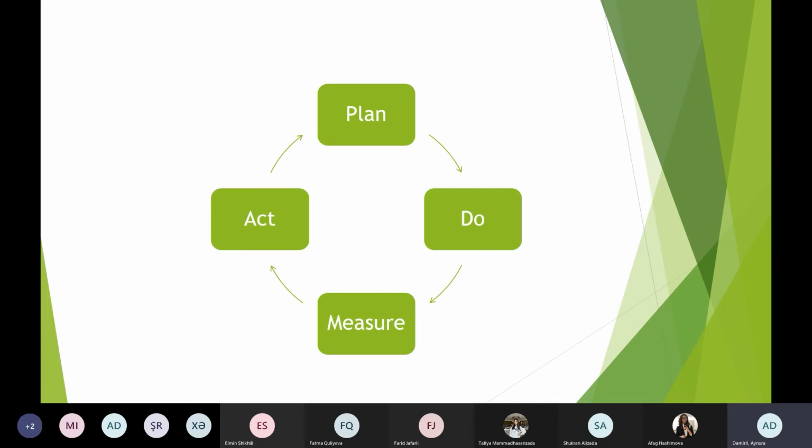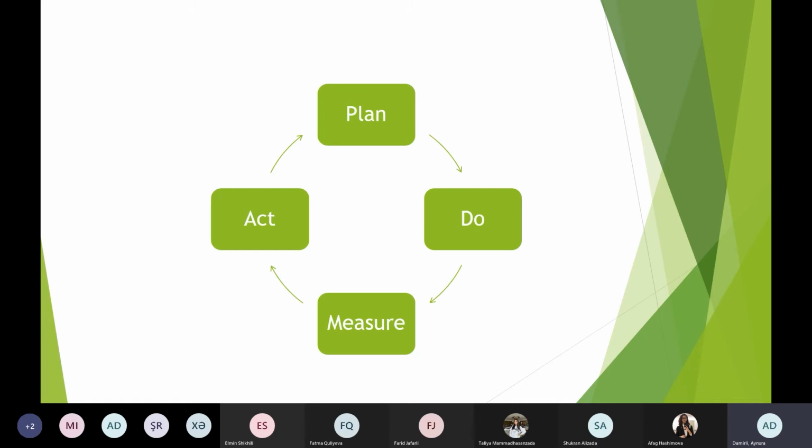It's a circle. We cannot split it. We cannot remove any stage for monitoring and controlling equipment integrity on site. So this is the 4 steps which we are doing for any pressurized equipment on site.